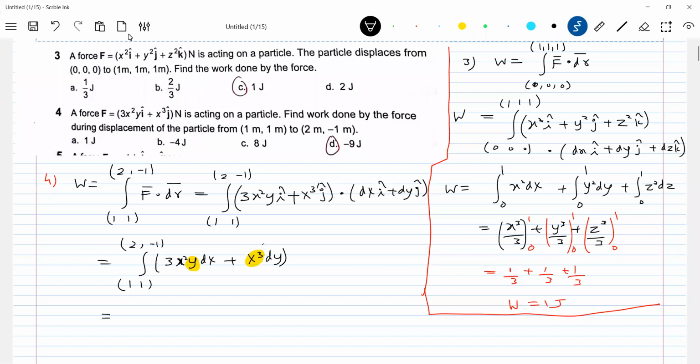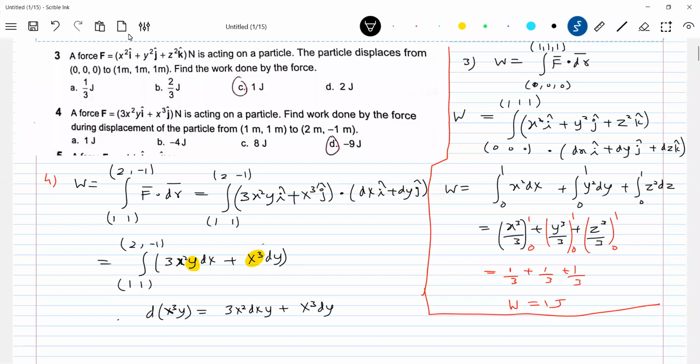Look at this one, x cube dy, you expand it. What do you get? Expansion of x cube y. If I expand x cube y, I'll just come out of the problem. If there is a derivative of x cube y, what can you write it as? 3x square dx y plus x cube dy.